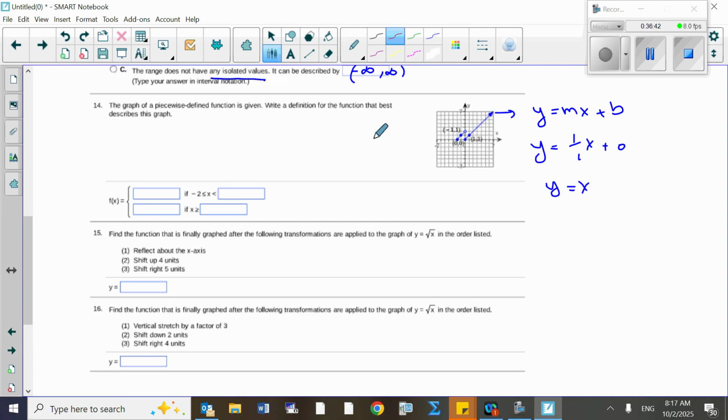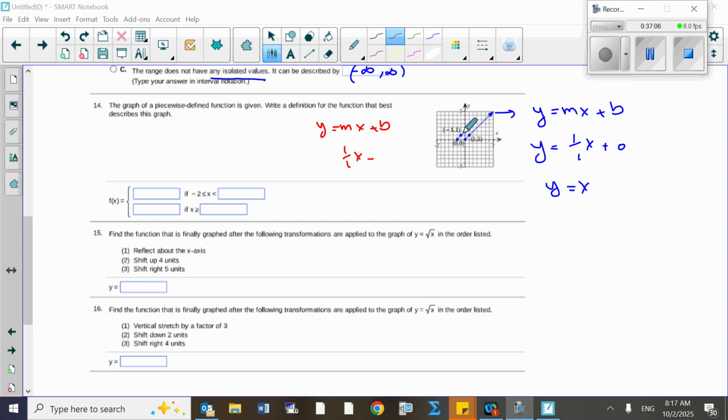The other one here, again, mx plus b. The slope is again 1 over 1 because we go 1 up and 1 right to move from one point to the other one. And what is the y-intercept?